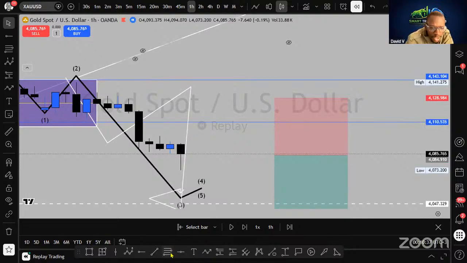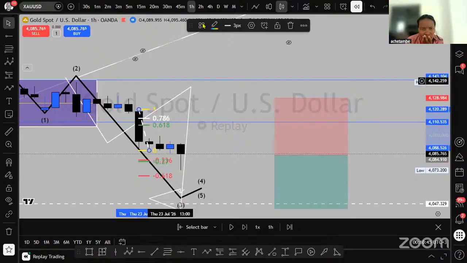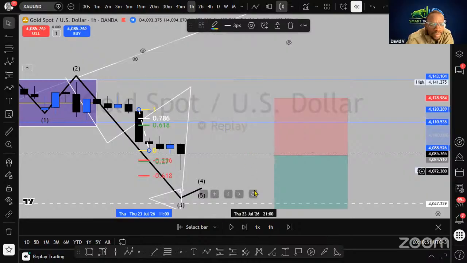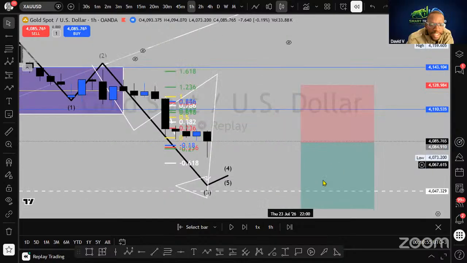So what they normally do is they put just a smaller fib on this candle. Then they use the other correct fib, that is this one. So they're now going to enter their trade at the 236 upper. They wait for the pullback at the 236, and this is where they are going to sell.